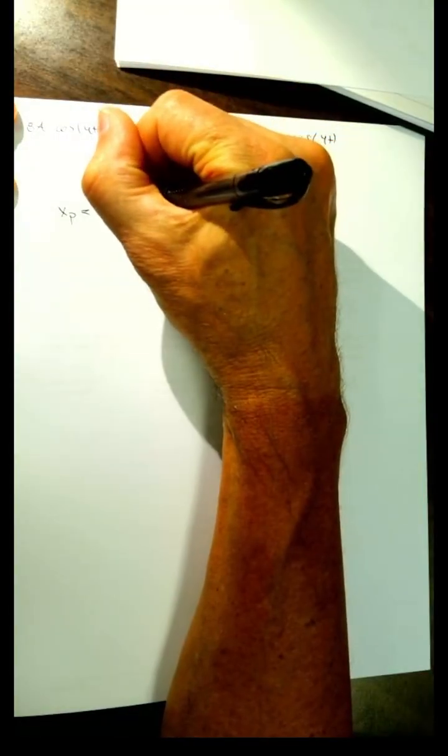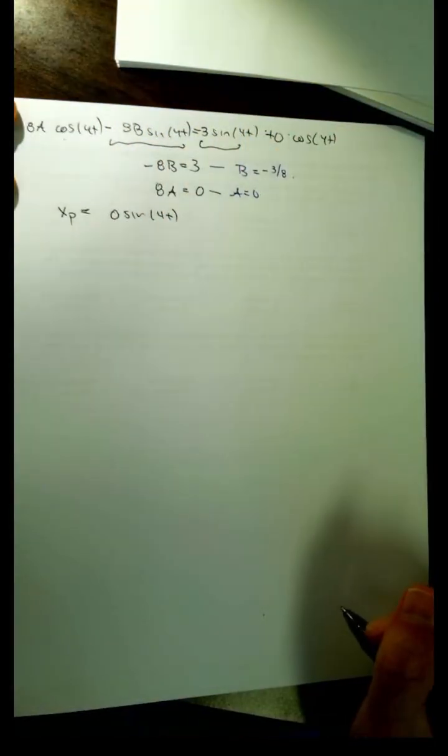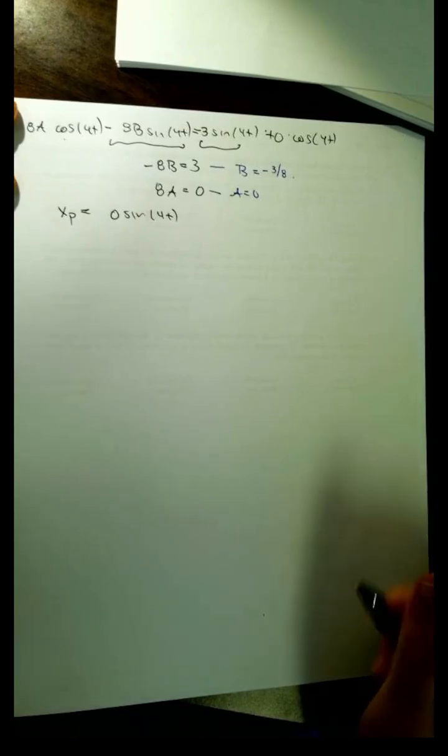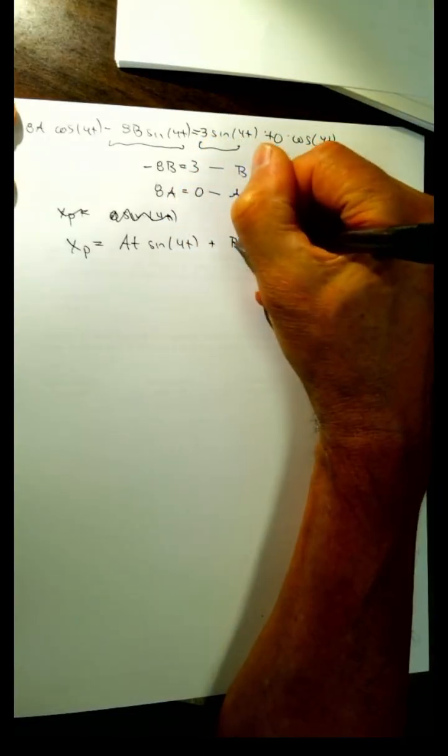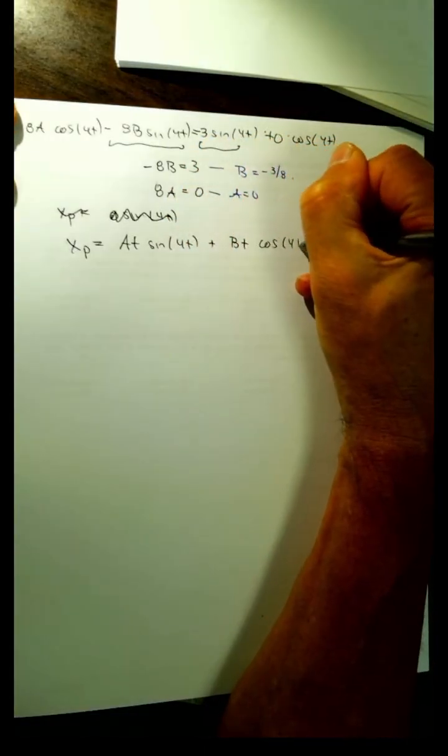Okay, so that means my particular solution is going to be, so I originally said a sine 4t, so that's going to be 0 sine of 4t, and then oops, that's wrong. My original guess then was at sine of 4t plus bt cosine of 4t.